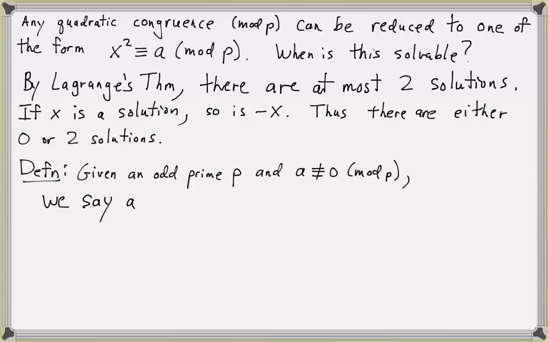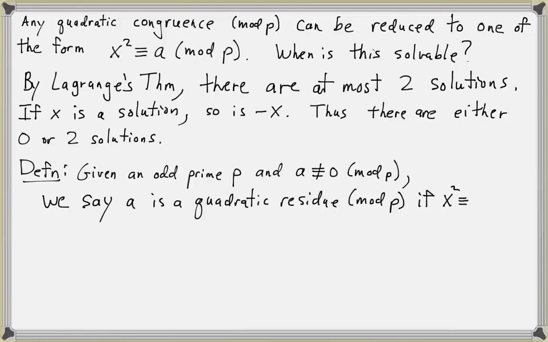We say that a is a quadratic residue mod p if this congruence, x squared congruent to a mod p, is solvable.